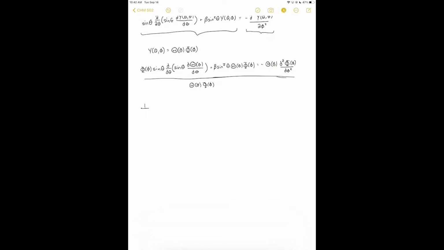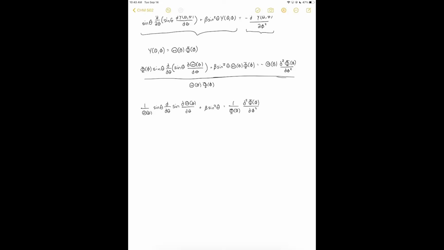We get 1 over our theta function times sine theta times a derivative with respect to theta of sine theta times the derivative of our function with respect to theta, plus beta sine squared of theta, is equal to 1 over our function with respect to phi times two derivatives of our function with respect to phi.